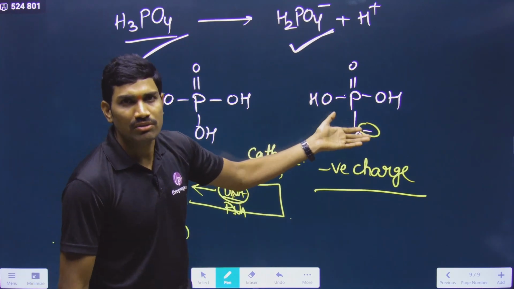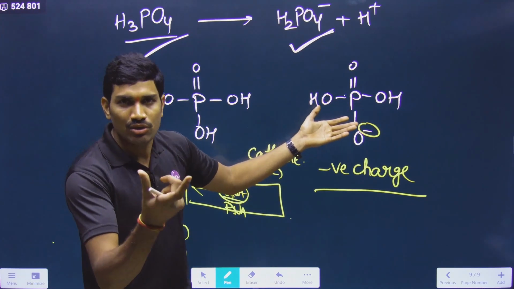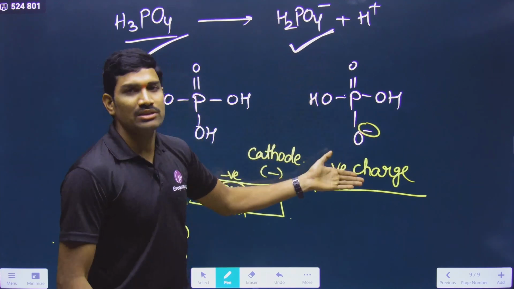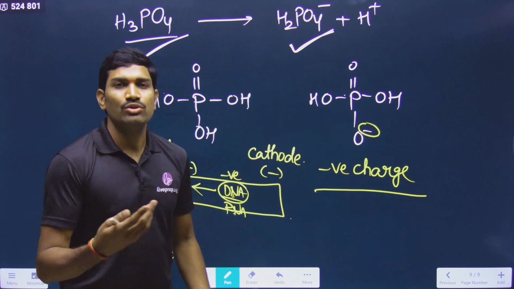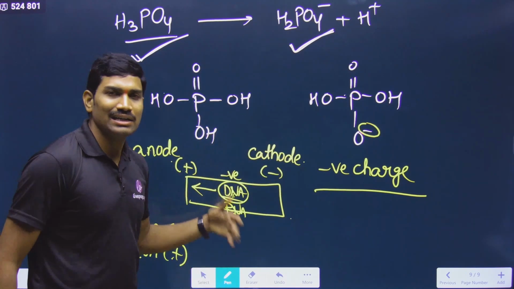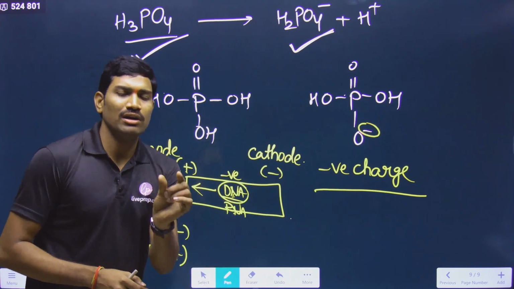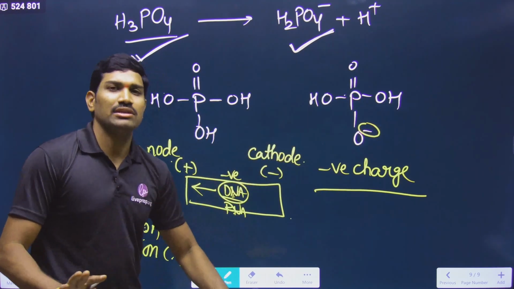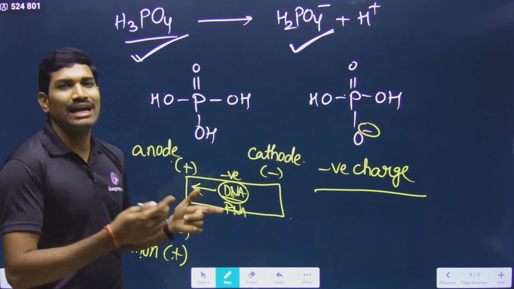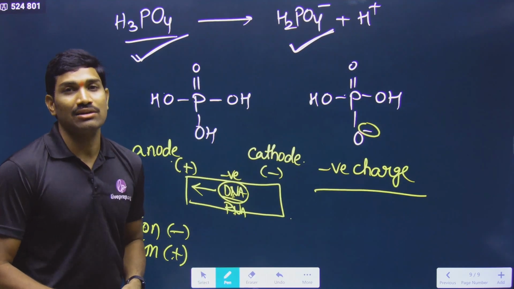The basic unit is the nucleotide. That means every nucleotide is contributing one negative charge. So in this way, the entire DNA, entire RNA, whether it is a small DNA fragment or a large DNA fragment, whatever it is, is negatively charged. So it always moves towards the anode, the positively charged electrode.